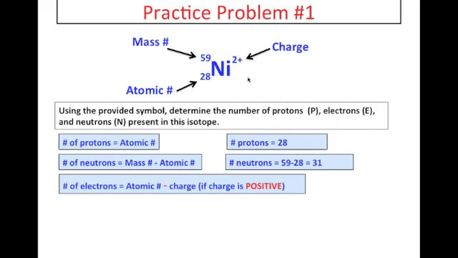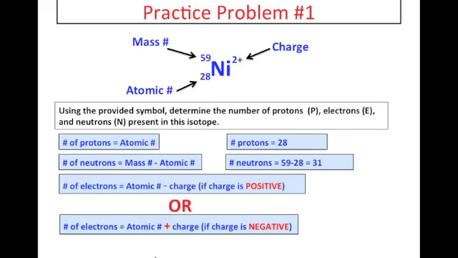If your charge is positive, like in this example, you will take the atomic number and subtract the charge from it. But if the charge is negative, you will add the charge value to the atomic number. Since our charge is positive, we're going to subtract the charge value from the atomic number. When we do that, our number of electrons is 26.